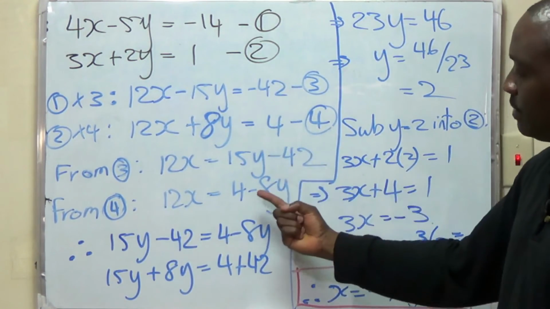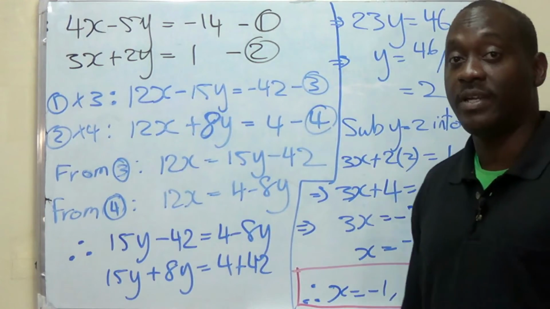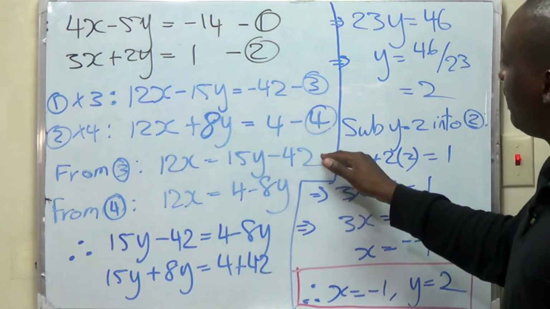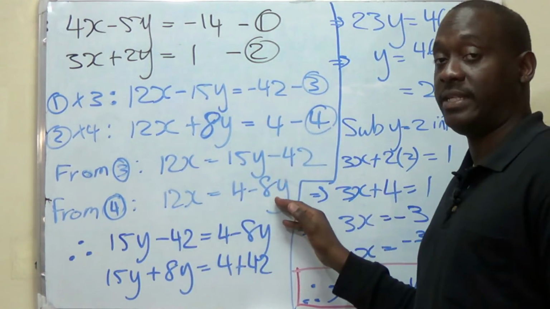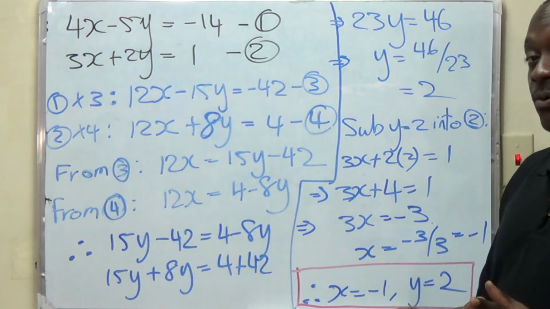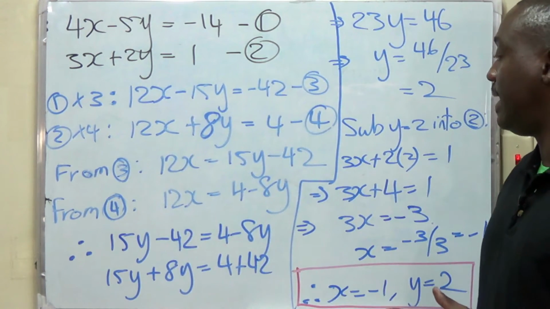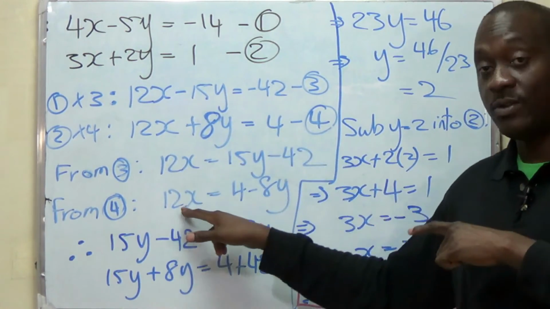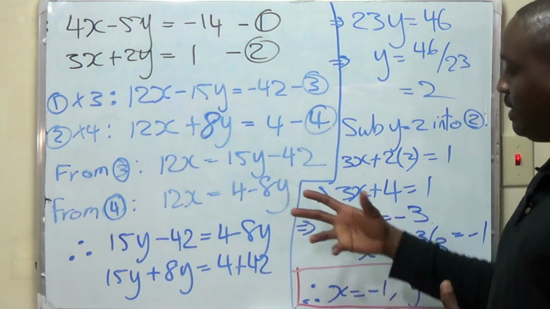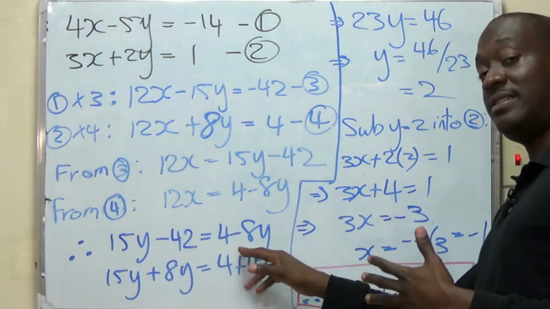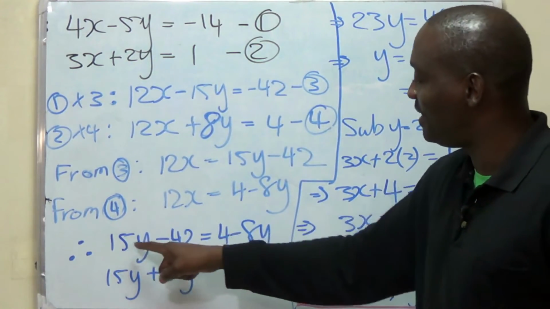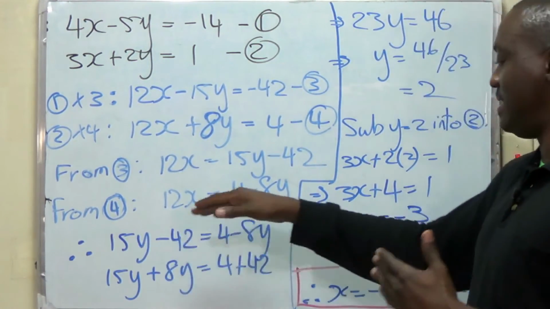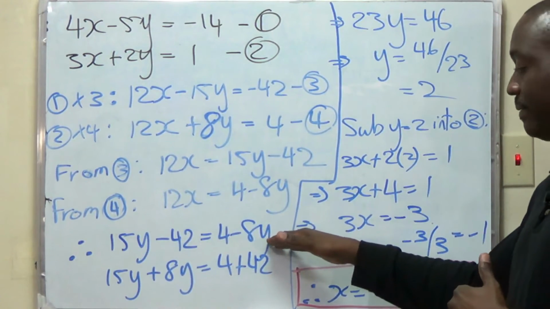Now that we have that, 12x will always be 12x, whether it's 15y minus 42 or 4 minus 8y. So it follows logically that if 12x is equal to this and 12x is equal to that, then naturally this is equal to that. In other words, 15y minus 42 is equal to 4 minus 8y.